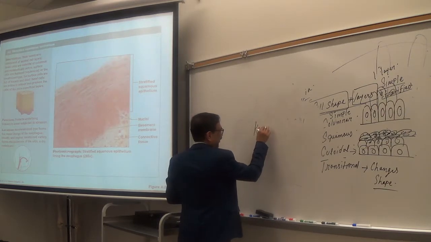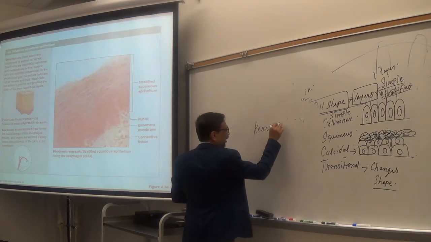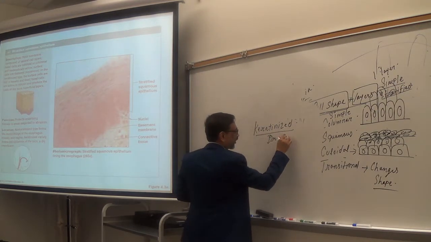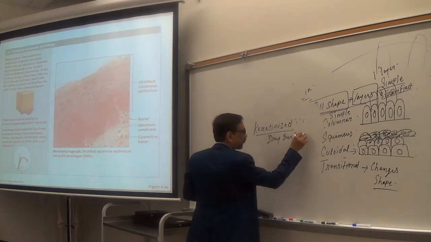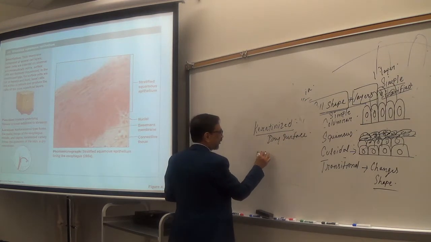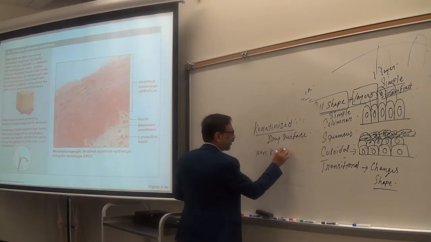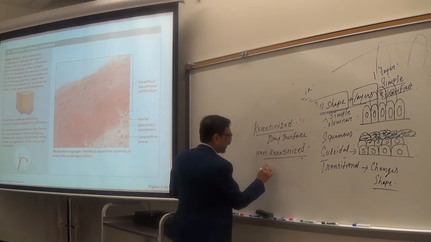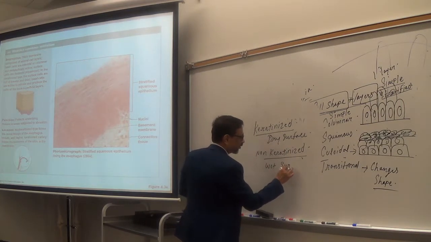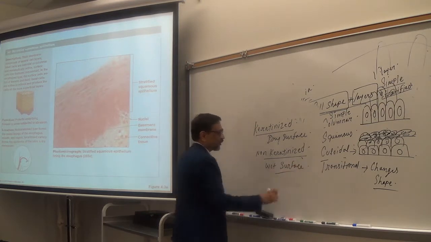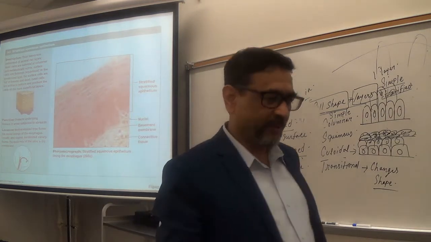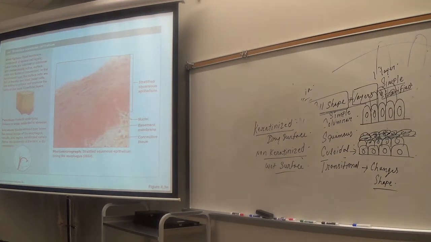One is called keratinized, the dry surface, and non-keratinized in the wet surface. Okay, so it's keratinized stratified squamous and non-keratinized stratified squamous.